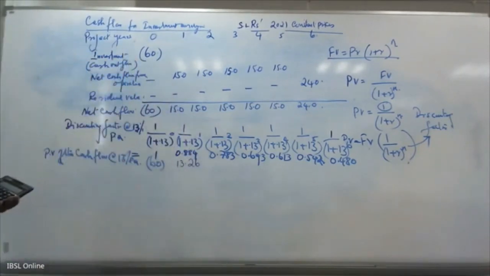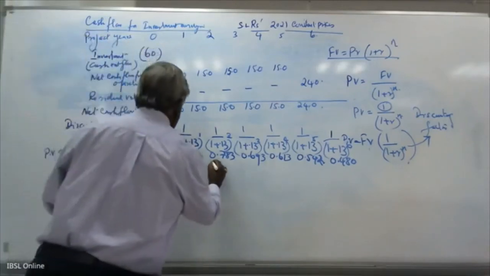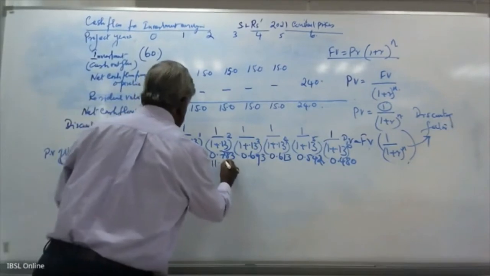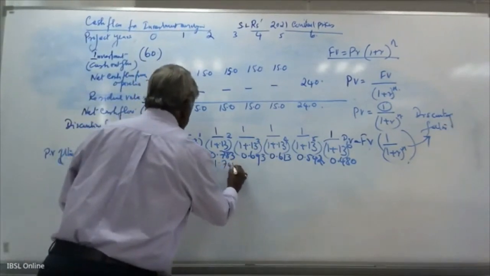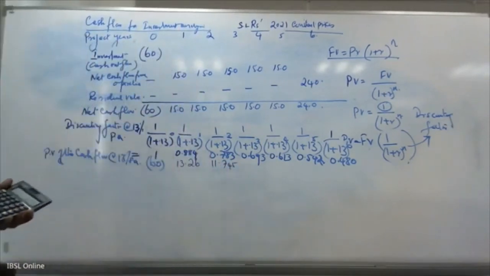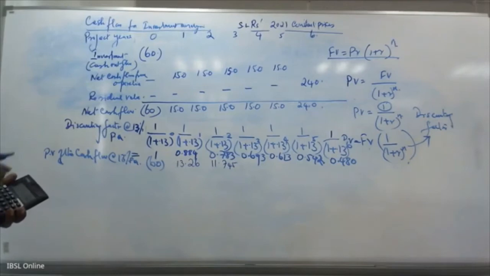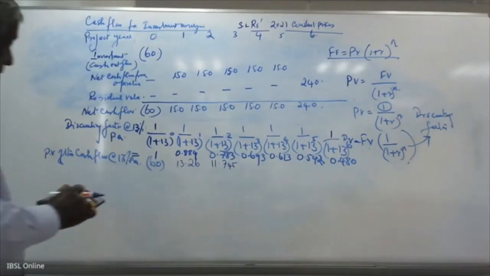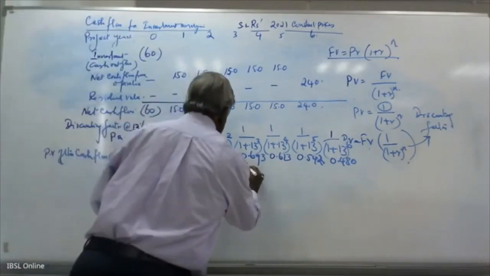Again 15 multiplied by 0.783, 11.745. Again 15 million multiplied by 0.693, 10.395.